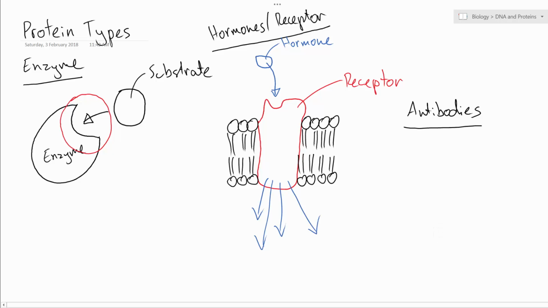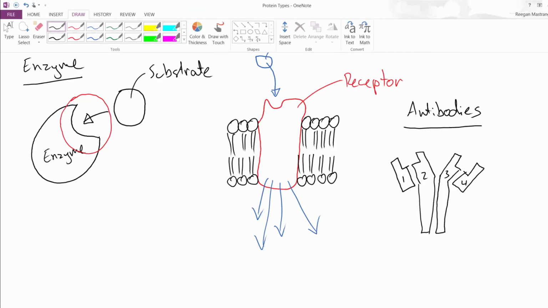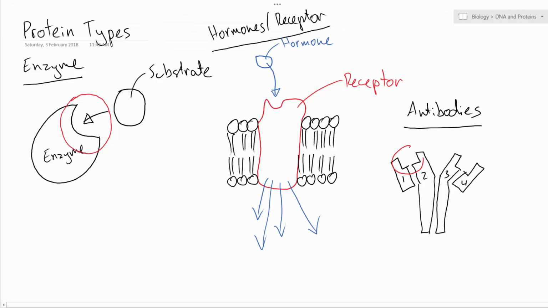So antibodies are a little bit harder to draw, but I'll give it a crack. So antibodies might look a little something like that. So antibodies could be a combination of 1, 2, 3, 4 polypeptides, and they've got on them these particular sites, like so.